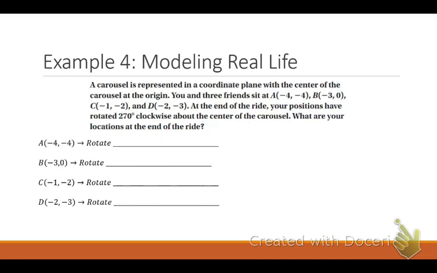Okay, here we go. Now we're going 270 degrees clockwise. This is a carousel example. It's represented in the coordinate plane. You can see it represented in your book. What we're doing basically is we're taking these 4 ordered pairs and we're rotating them according to our directions, 270 degrees clockwise. Thankfully, you have a key for 270 degrees clockwise.